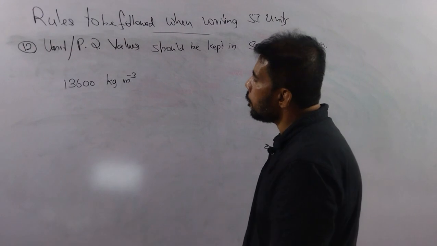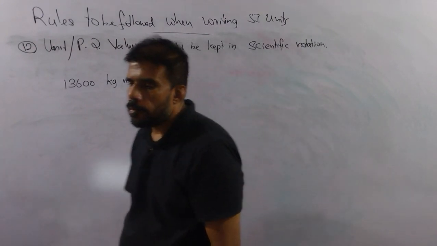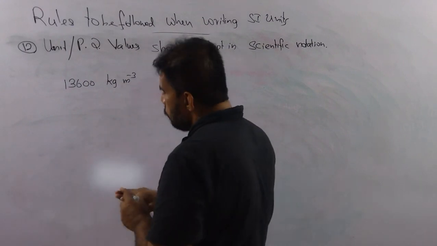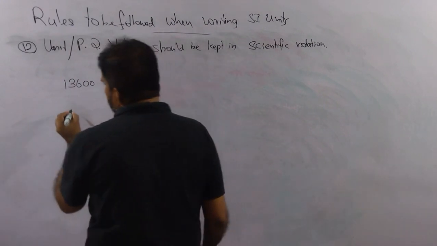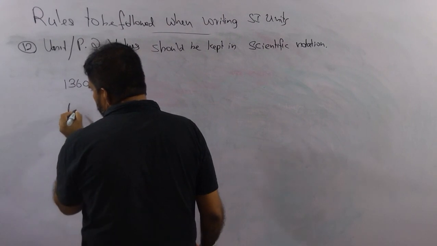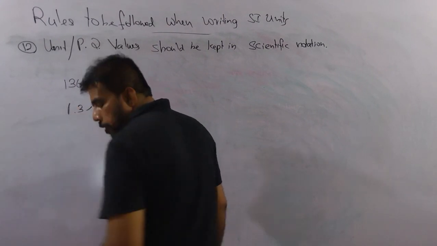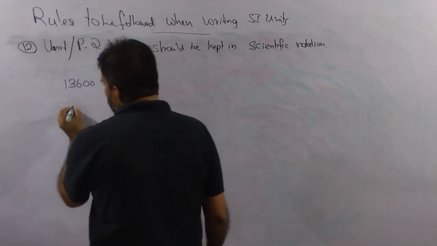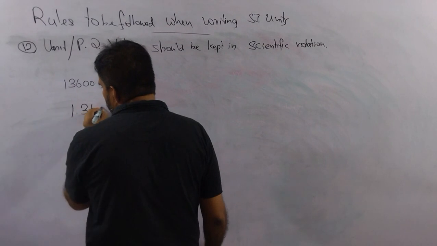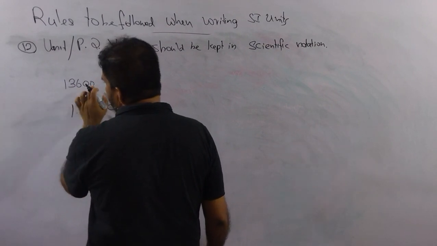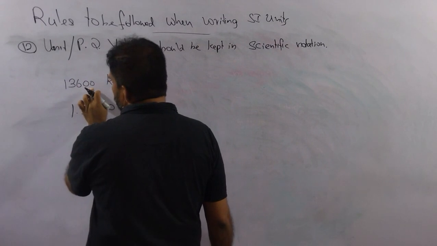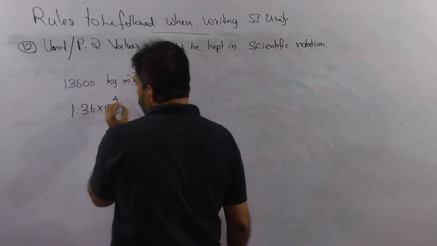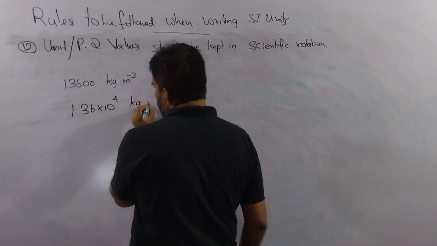this is the density of mercury. Normally we are not keeping this in this form. What we are doing is we are writing 1.36 into 10 to the power 4, because I shift the decimal place 4 places to the left, 1, 2, 3, 4, so 10 to the power 4 kilograms per meter cube.